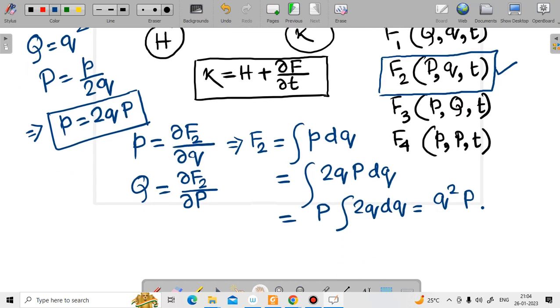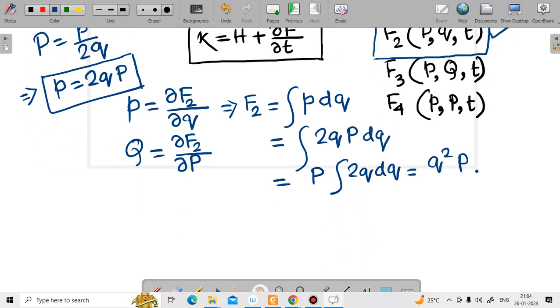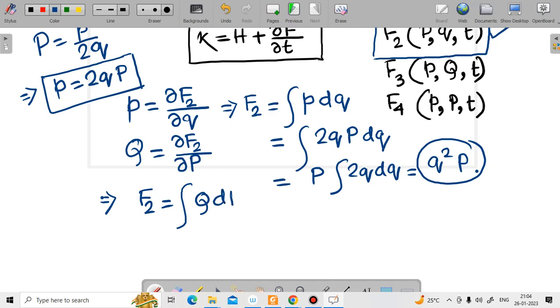Similarly, from the other equation you can also get the solution. From here also you can get the similar result, q square into P. How? Let me check. F2 is the integral of capital Q dP.